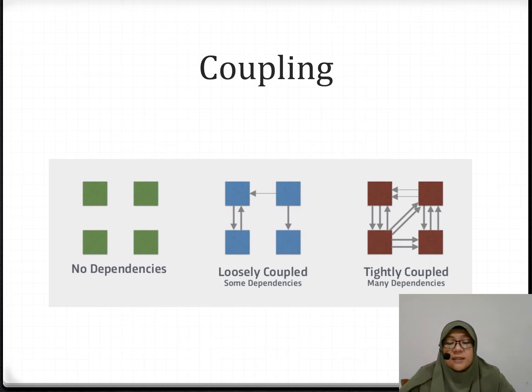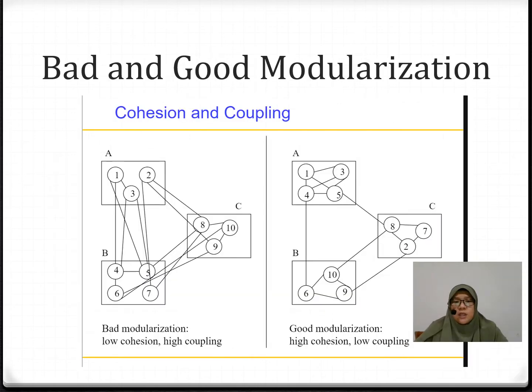A tightly coupled system is where modules interact a lot with each other. A loosely coupled system is where modules don't interact much with each other. So what do we aim for actually? For good modularization, we have high cohesion and low coupling.